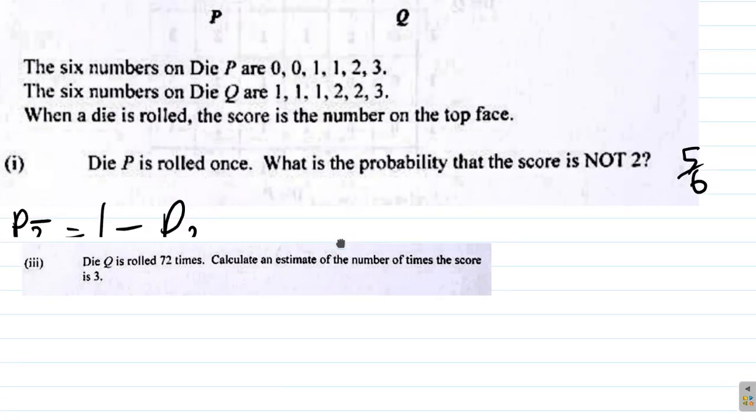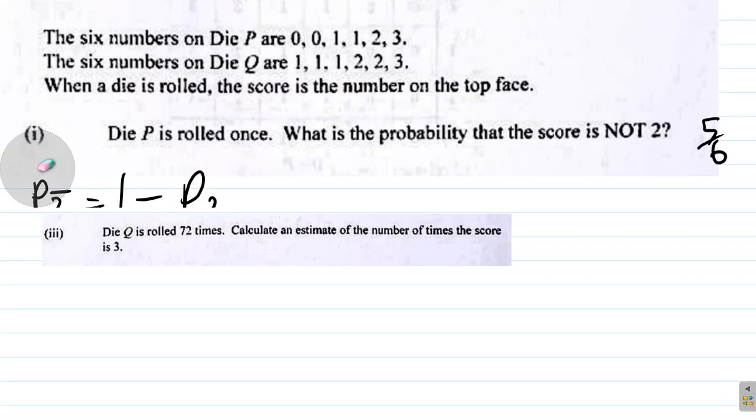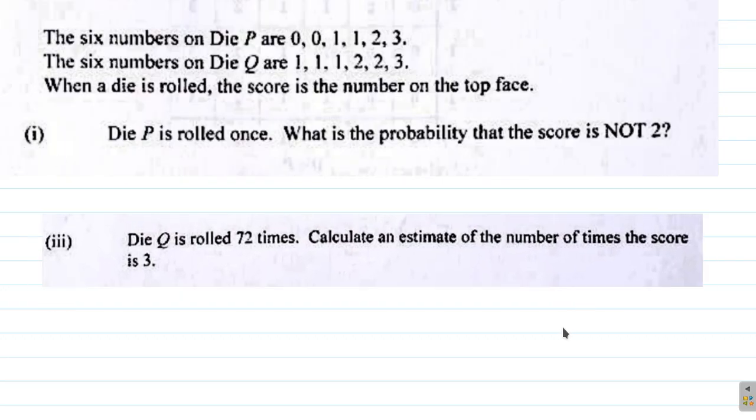Alright, so here now, what do we have? 72 times. Now, if there were 3 half of the time, then you expect that half of the rolls would be 3s. So this would be half of 72. Now, let's look at this.